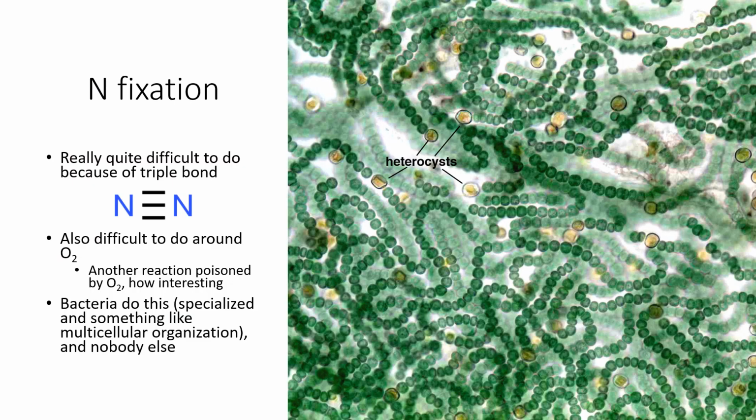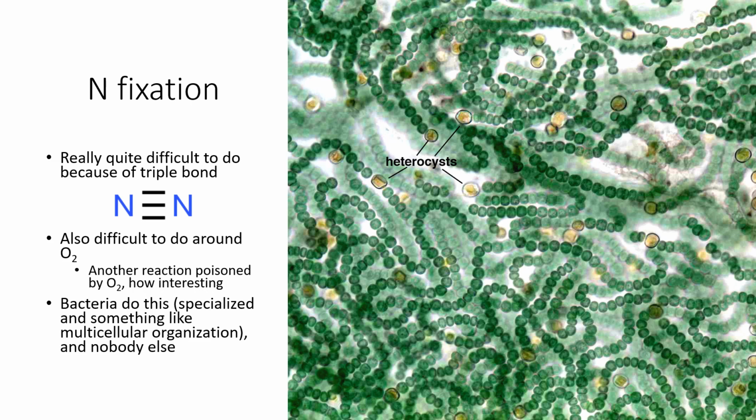Now, nitrogen fixation is very difficult because of this triple bond, right? You can see down here my beautifully sketched out triple bond, which is exactly what it looks like if you zoom in on these molecules. It's actually two ends floating around and a bunch of little straight lines that connect them. Those triple bonds can be broken inside of these things called heterocysts in bacteria.